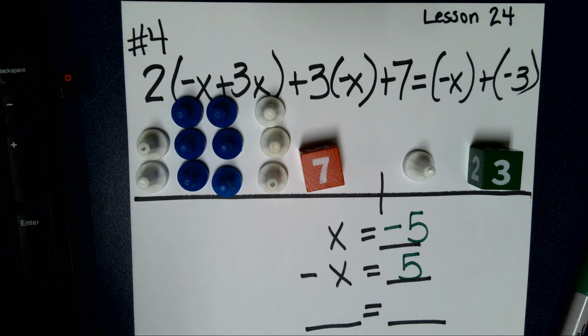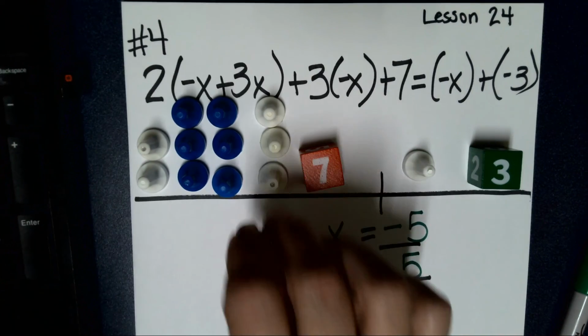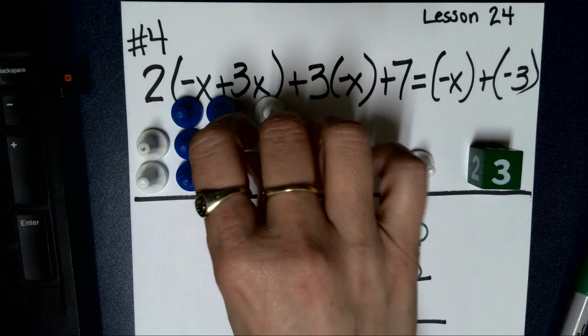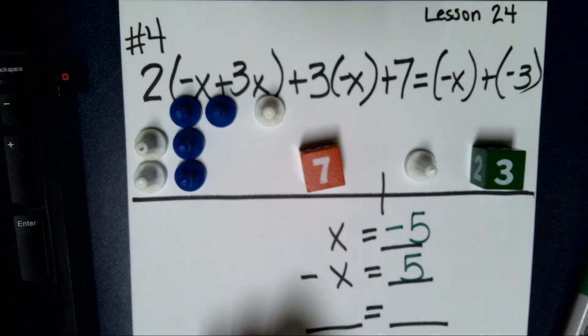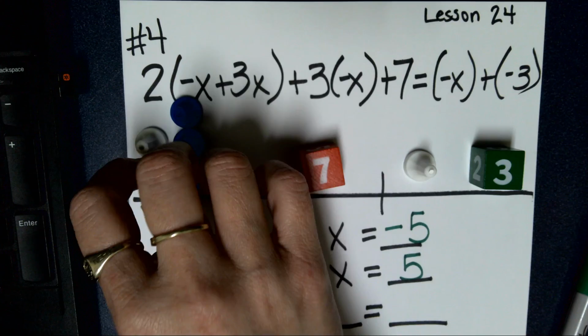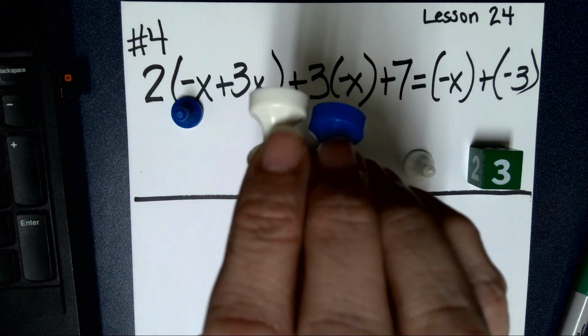Okay, so remember, when we're going to do our original setup to do our check, we can remove 0 pairs. We cannot remove things from opposite sides. It's only 0 pairs. So I'm going to take this 0 pair off, another 0 pair off, a third 0 pair off, a fourth 0 pair off, and a fifth 0 pair off.